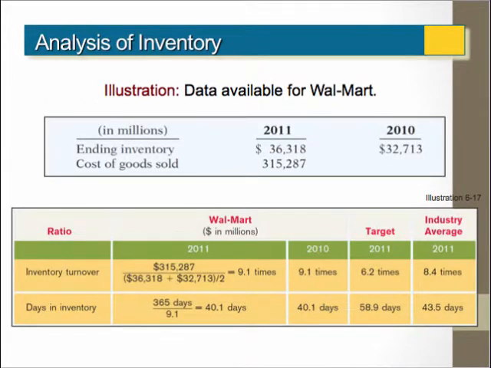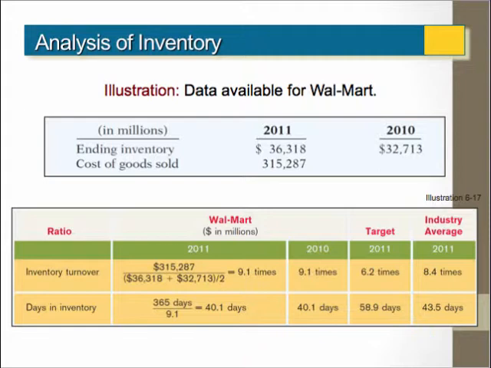So here's an illustration. Wal-Mart, known for high turnover. We have an ending inventory in 2011 of $36 million and in 2010, $32 million. The cost of goods sold of $315 million. So if we compute the inventory turnover for Wal-Mart, we see that Wal-Mart turns its inventory 9.1 times a year in 2011.